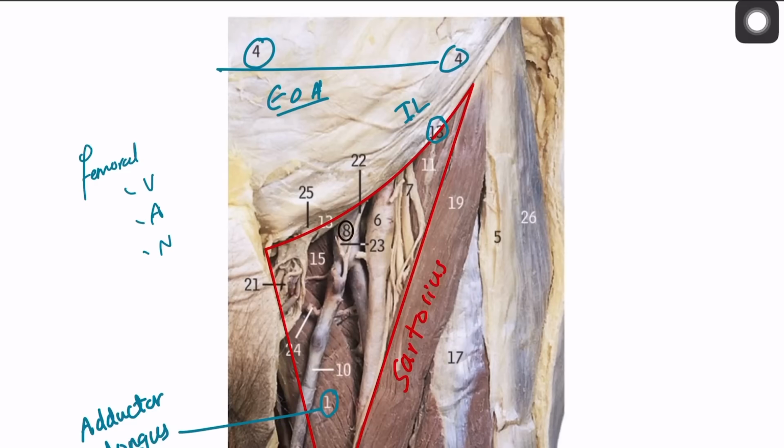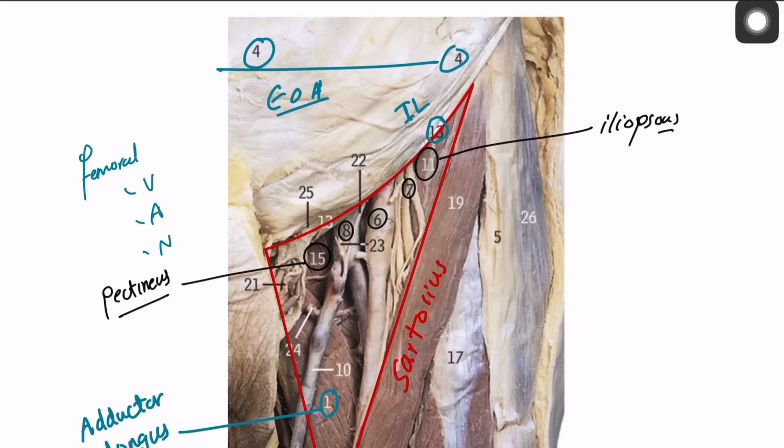You have number 6, the femoral artery, and number 7 is the femoral nerve. Obviously, the floor of this triangle is made up of muscles, which are 11 and 15. 15 is the pectineus muscle, and 11 is the iliopsoas muscle.